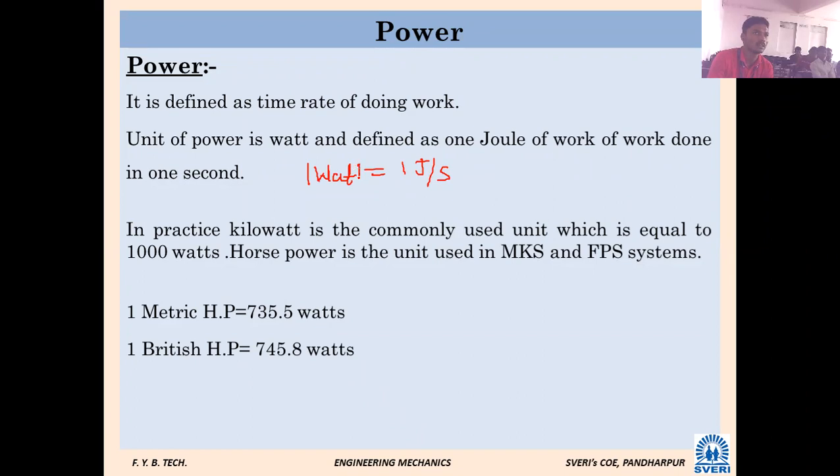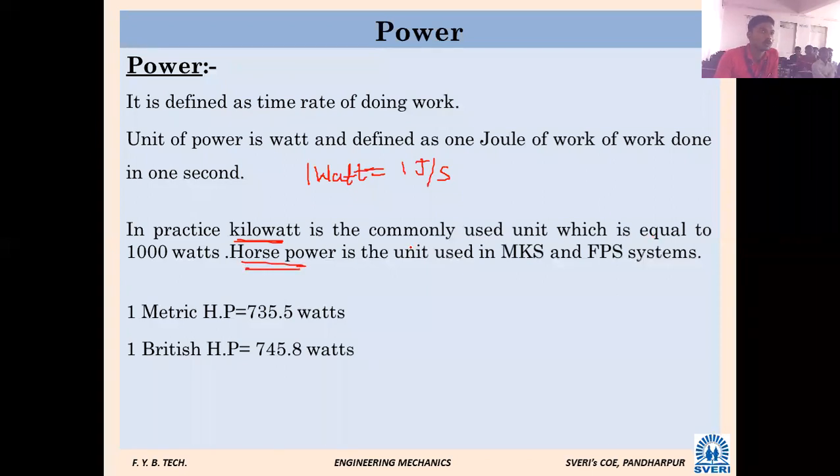Is it correct? असंच आहे का हे? असंच आहे. 1 watt is equal to 1 joule per second. In practice, kilowatt is commonly used. We are not going to consider power. We are going to relate only work and energy.